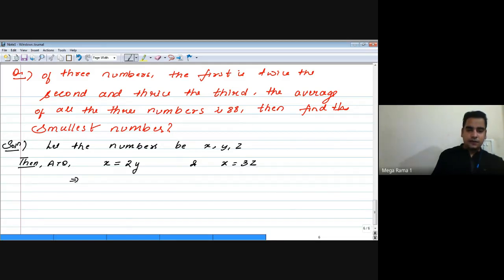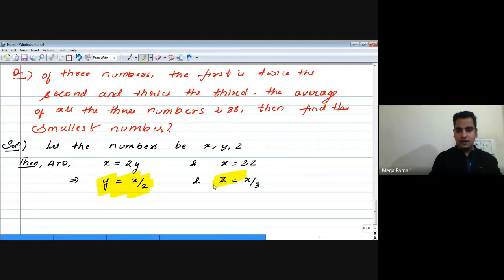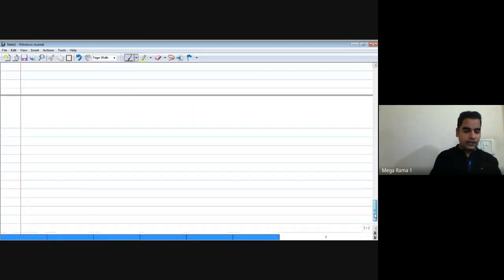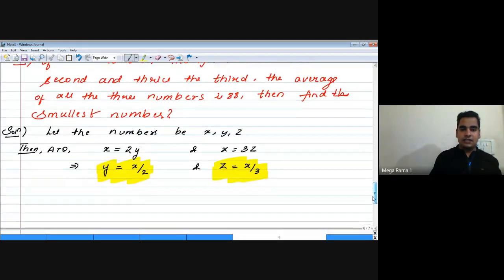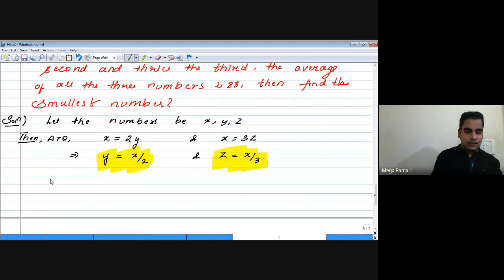Right? So from here we can calculate the value of y. y will be equal to x by 2, and the value of z will be equal to x by 3. So we got the values of y and z in terms of x. Now the average is given, 88.